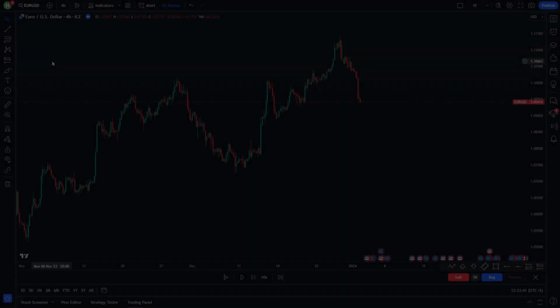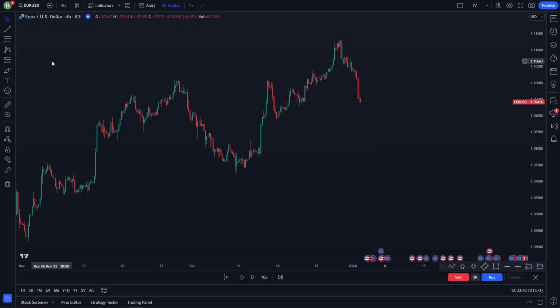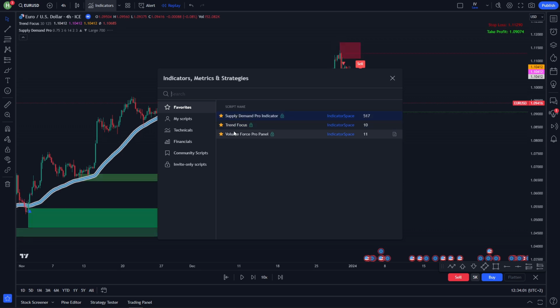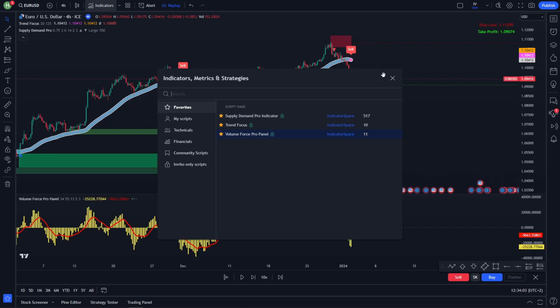Firstly, let's start off with the indicator setup and rules for entry and exit. On the chart, I've selected the euro against the US dollar in the 4-hour time frame. Now, under the Indicators tab on TradingView, I'm going to add the Trend Focus, Supply Demand Pro, and Volume Force Pro panel.